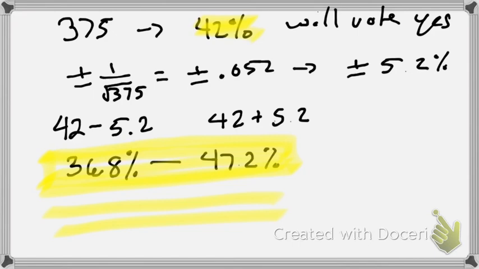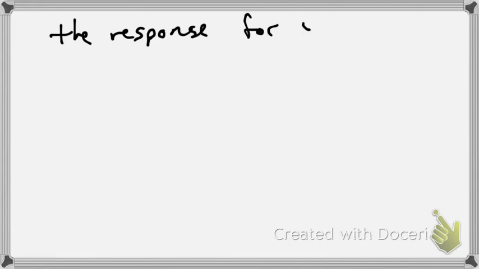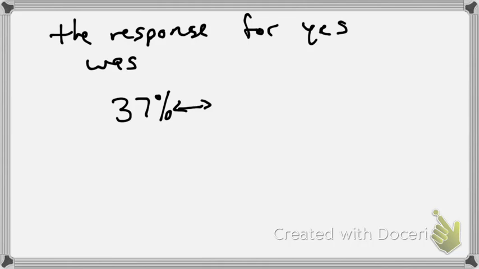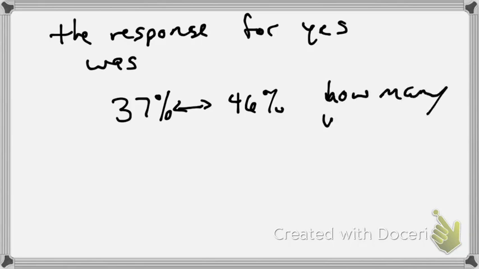Now there could be another style of question where it says something like the response for yes was something like, I don't know, 37% to 46%. And then it says how many people were surveyed.